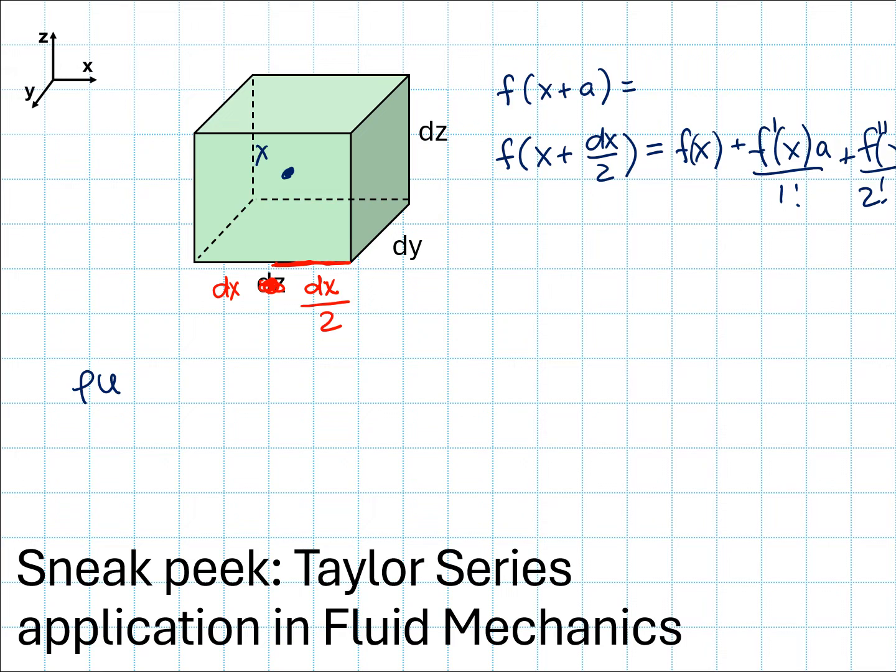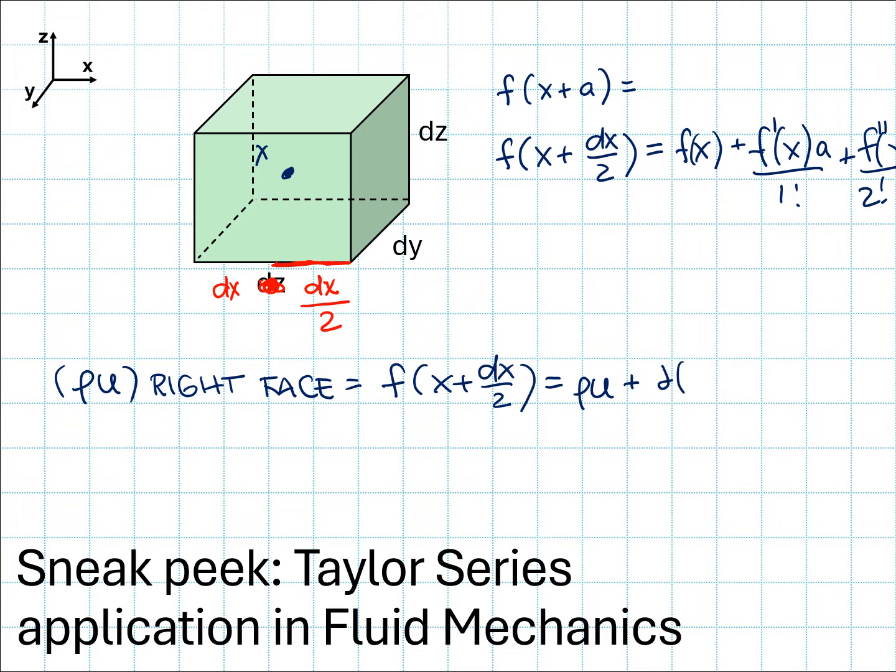So what is it that I want to know? I want to know the combination of density and velocity on the right-hand face of my cube. And this is going to be my f of x plus dx over 2. And I'm going to estimate this as my value at x, rho u, plus the first derivative of rho u multiplied by my distance, which is dx over 2.